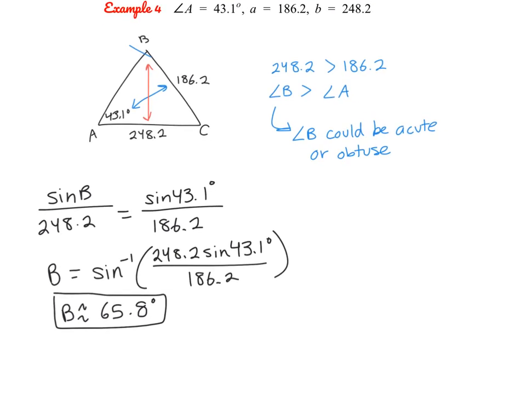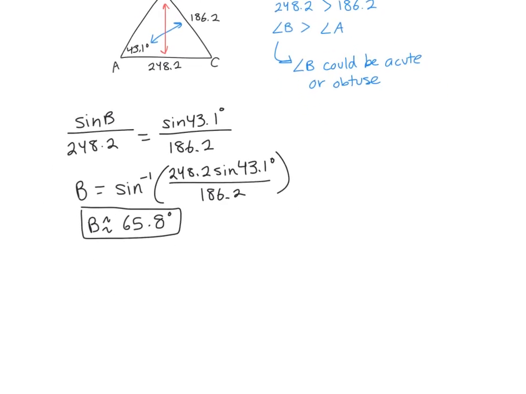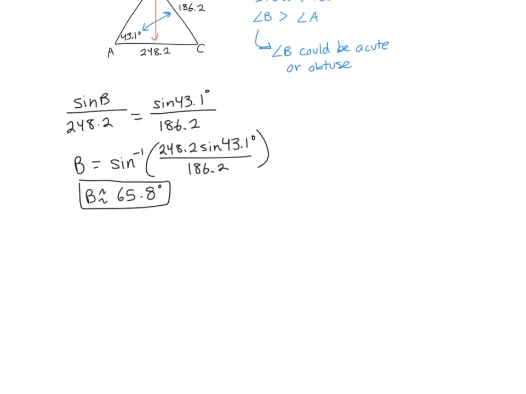Okay, so now this is one possible solution but remember, when you plug this into your calculator it can only give you an answer that's between -90 and +90. So this is one answer, but then let's see if we can find the other value of B.